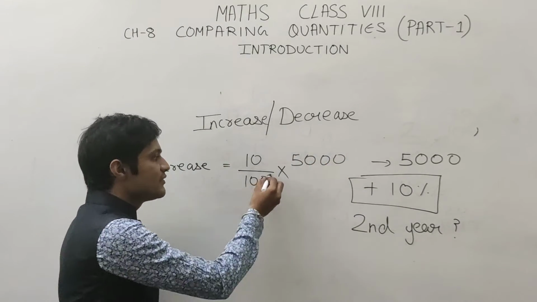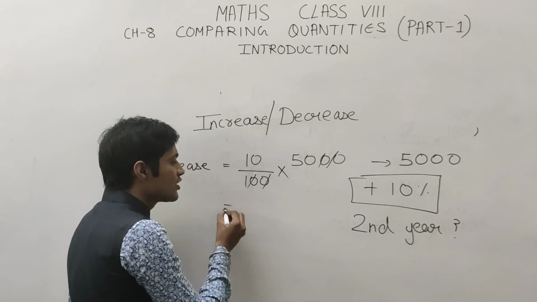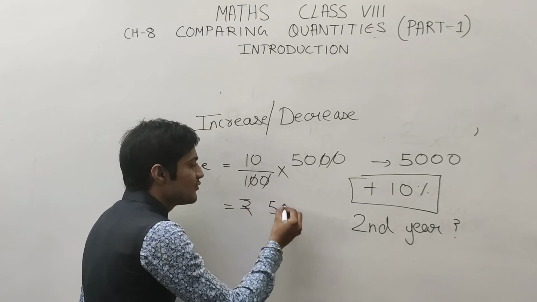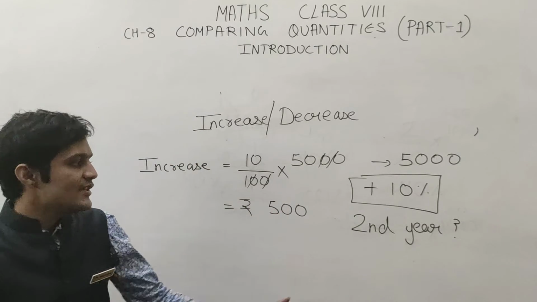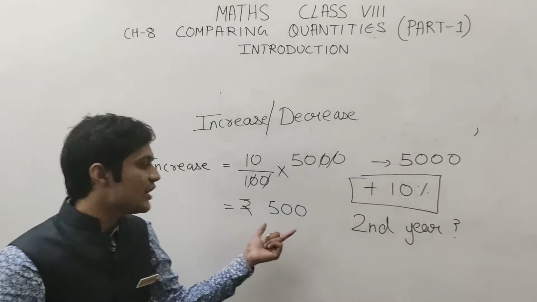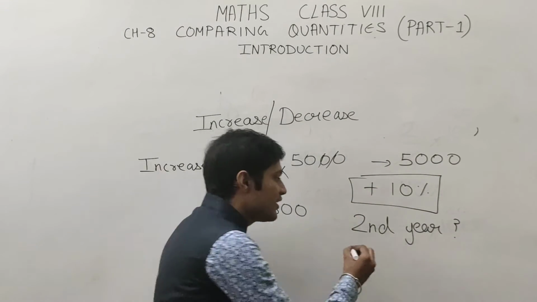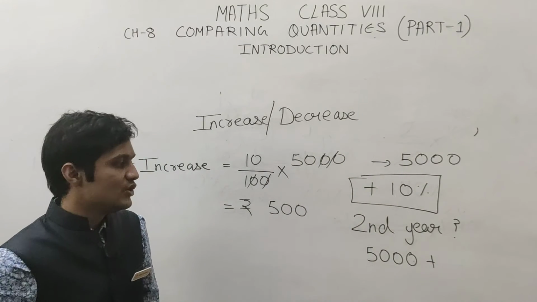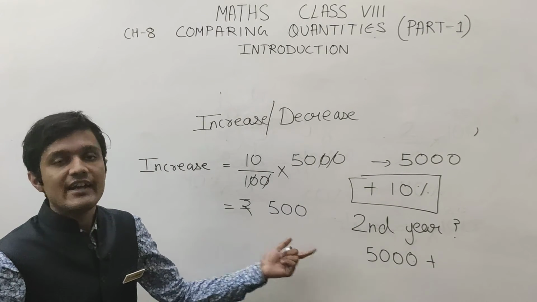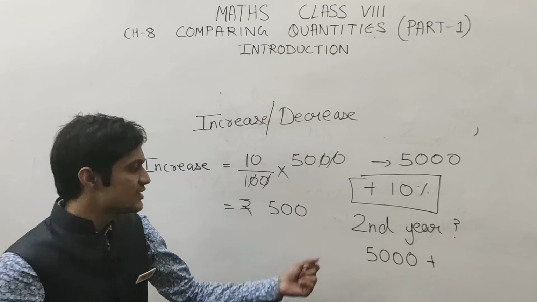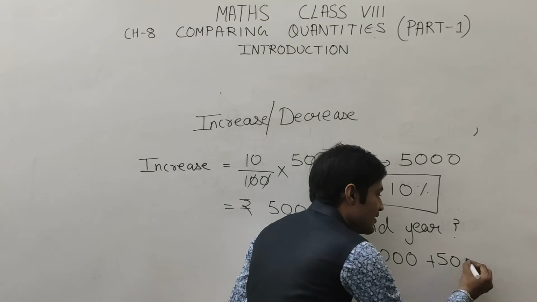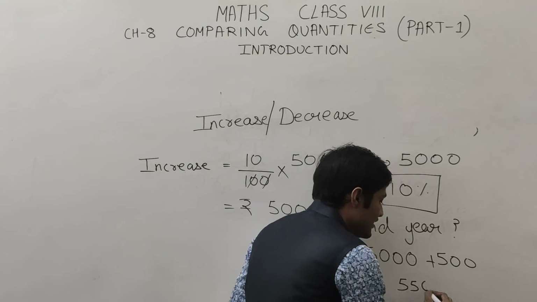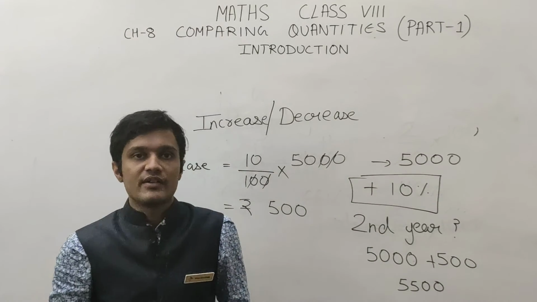Now solve this one. So what did you get? You got rupees 500. So the rent of second year will be 5,000 plus 500, that is 5,000, that is the previous value, plus the added value, that is increased value, 500. Now the rent for second year is 5,500.